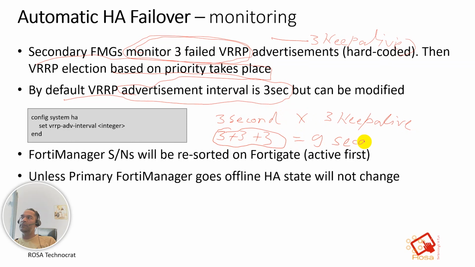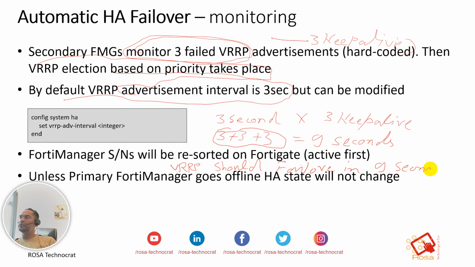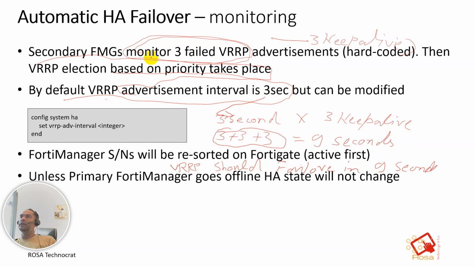This is the default configuration, so you will have the VRRP failover in 9 seconds. Why 9 seconds? You understood, right? The default VRRP advertisement interval is 3 seconds, with 3 failed VRRP advertisements, 3 times 3 keepalives.